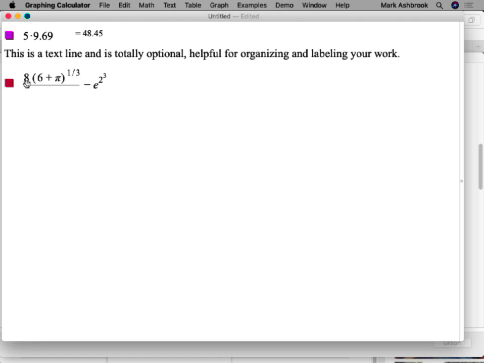So say, and then square root is Option V on a Mac, or Control Shift S, I think, on PC. Try that. Control Shift S. Square root. Does it work? No? Okay. Control Shift R, maybe? Yes. Control Shift R on a PC gets you the square root.